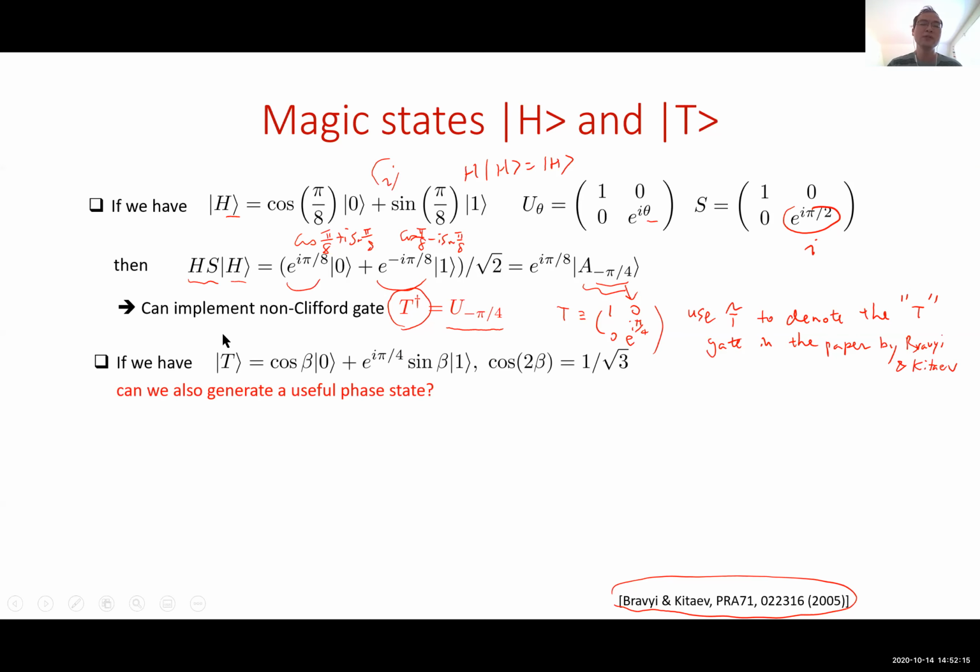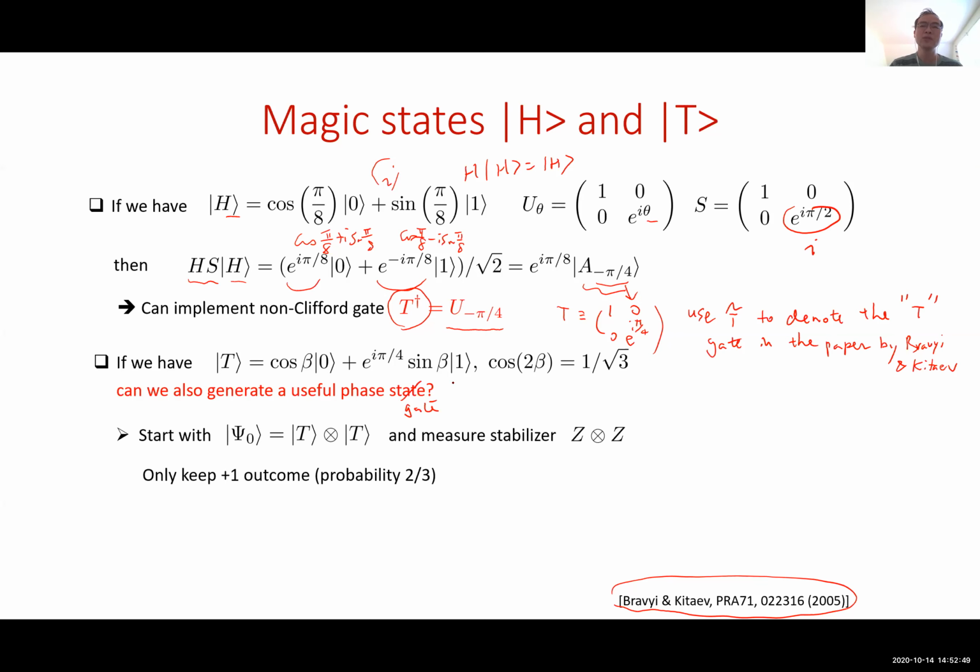And if we consider another state, a T state with some coefficients, cosine beta, sine beta with a phase, and the cosine beta satisfies this equation. So I'm going to give you the meaning of this T gate, but I want to first ask, can we also get a useful phase gate?